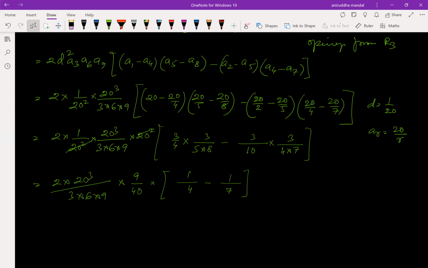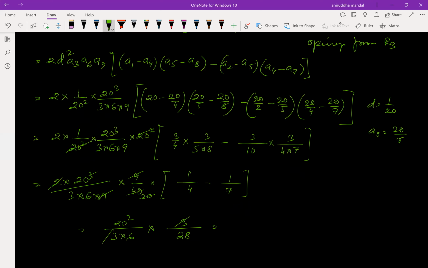So this 9 will get cancelled, and this is 20 square. So 20 square divided by 3 into 6 into 28, and this is 3, so 3 will get cancelled.